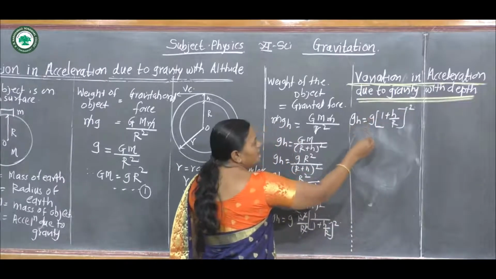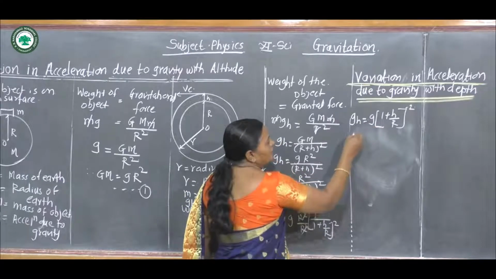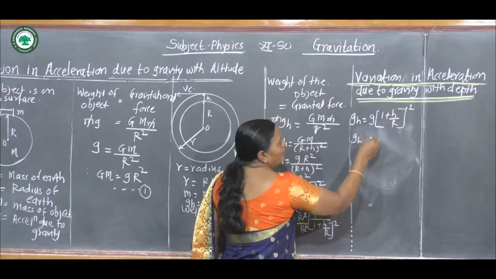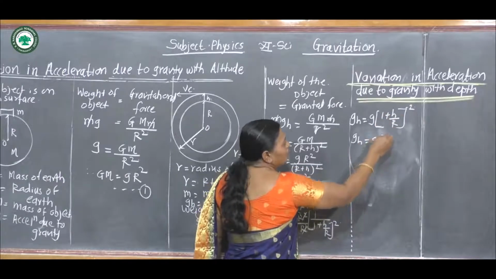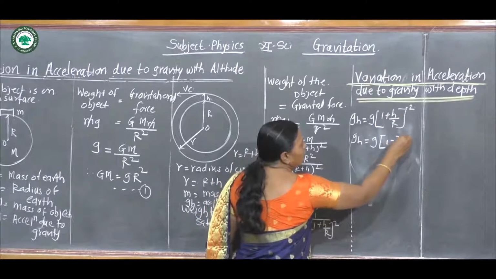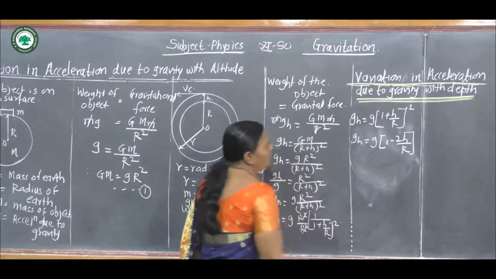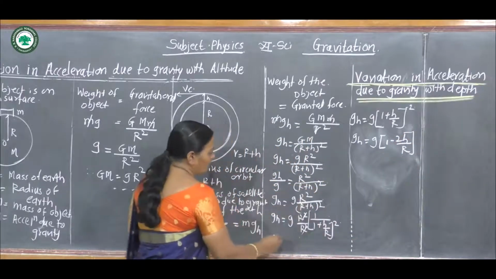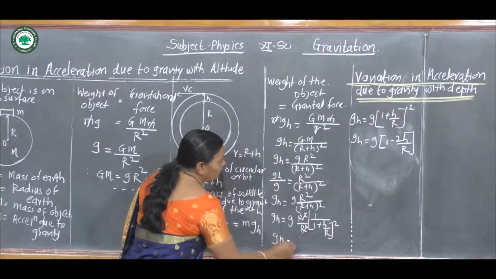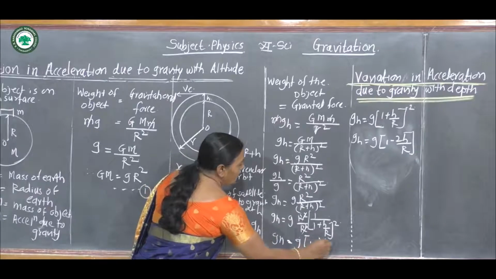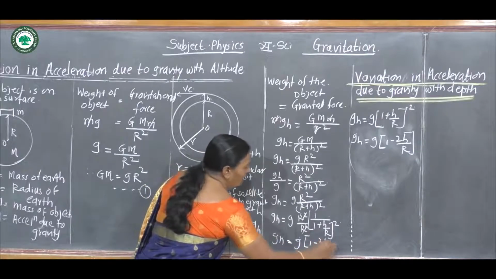By binomial expansion, we can write this as g into (1 minus 2h divided by R). So we directly write g_h equal to g into (1 minus 2h divided by R).